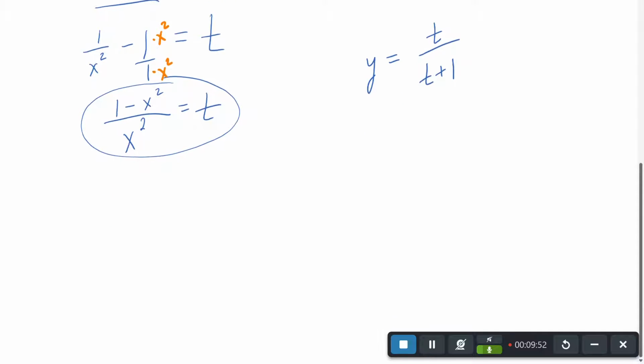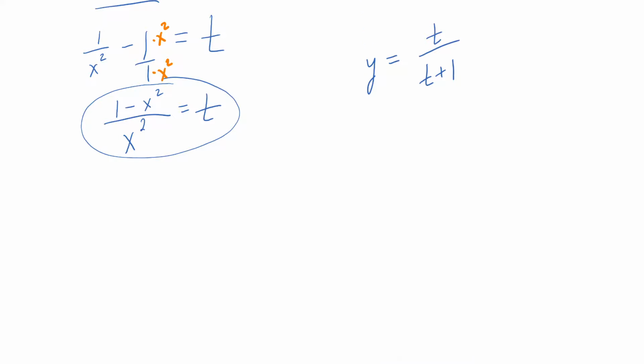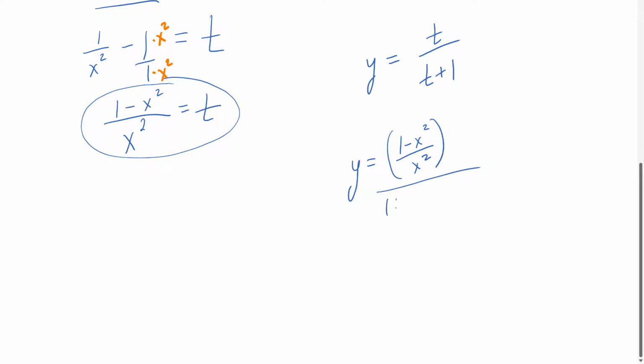Now that we solved for t, we plug it into this second parametric equation. So we have y equals 1 minus x squared over x squared, that's my t on top, over 1 minus x squared over x squared plus 1.